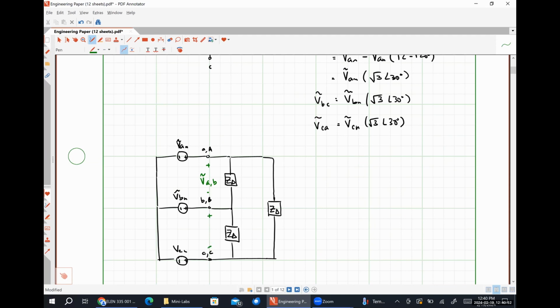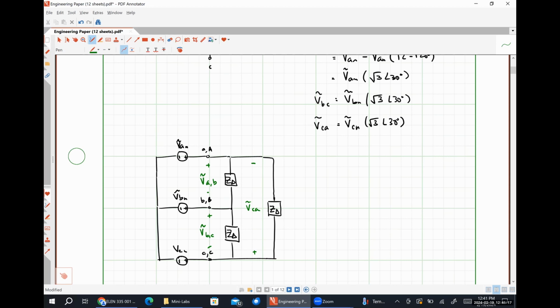The voltage seen by the load across the B phase of the load would be the line voltage VBC, and the voltage across the C phase of the load would be VCA. My load is in no way, shape, or form connected to the neutral terminal.